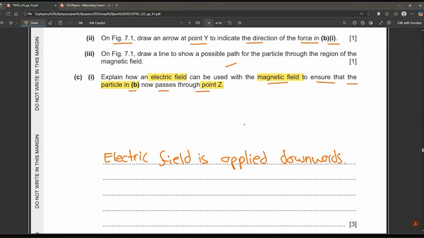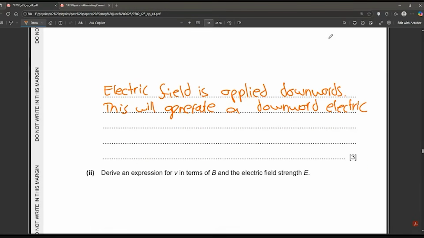This will generate a downward electric force on the charge.